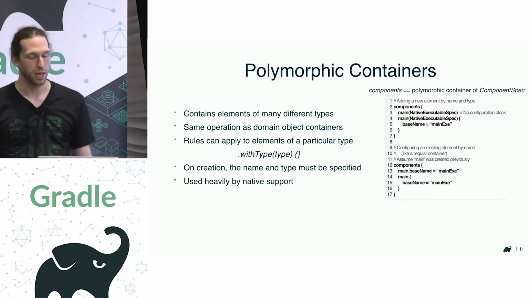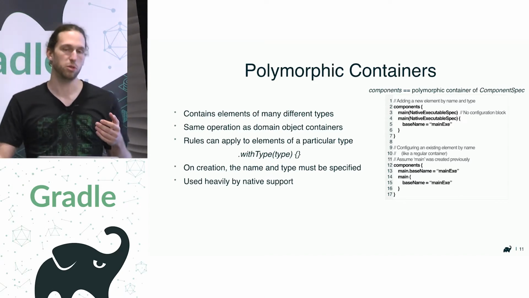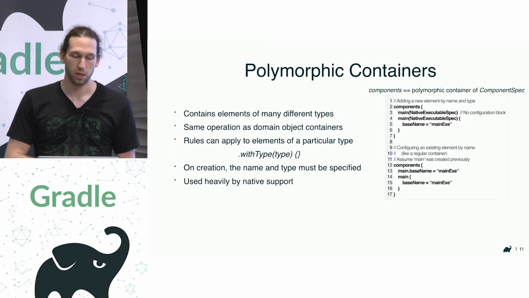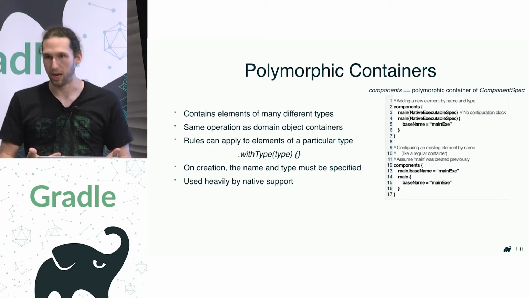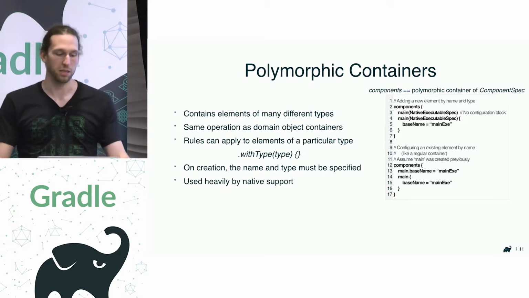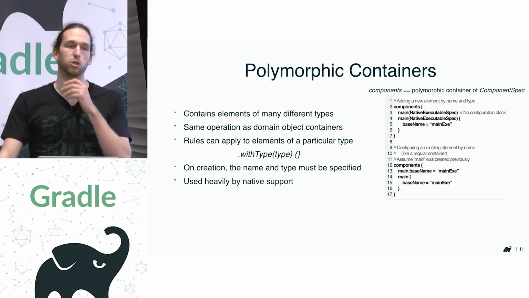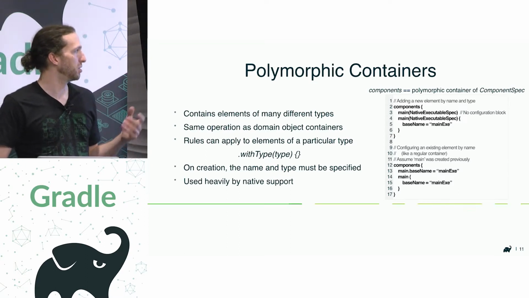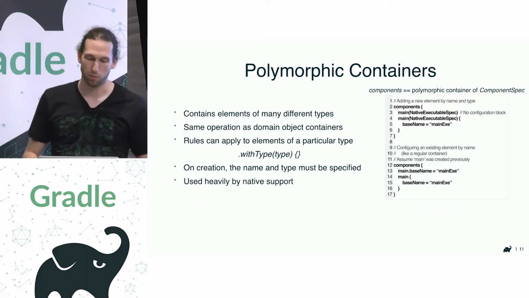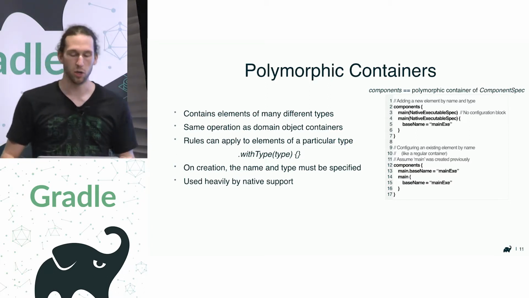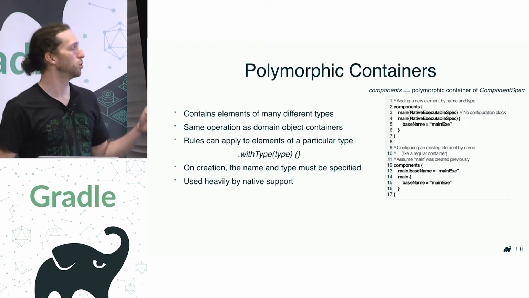When you create an element in there, you'll have to specify the name and also the type for it. Since there are several types, you kind of need to guide the container on what type you want to add. In the example on the right, you see there's a components container, which is a polymorphic container. And again, two parts: the creation, where you can do the same thing similar to the other container.